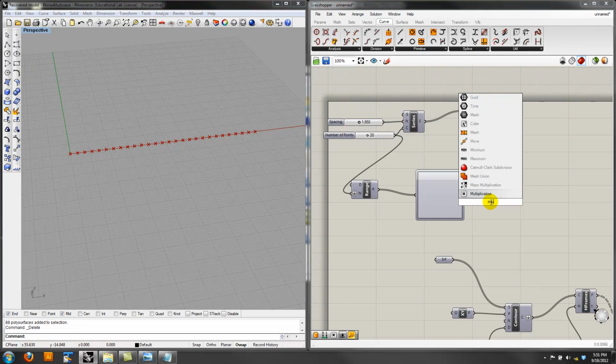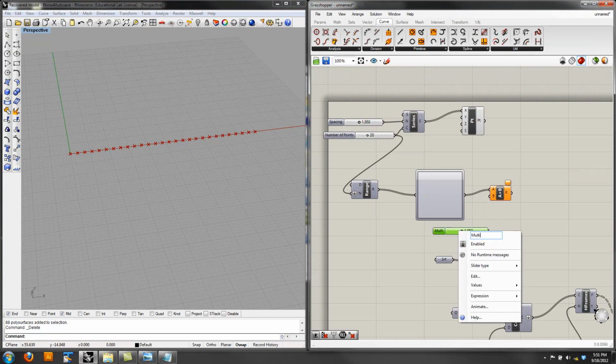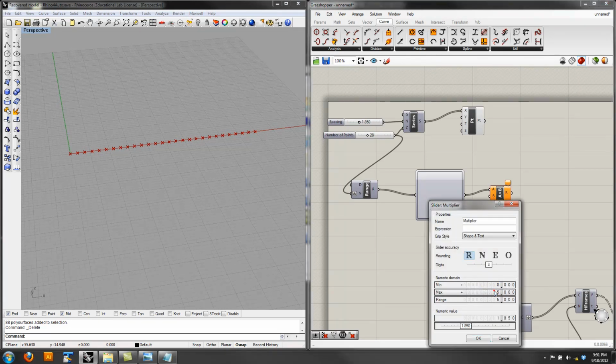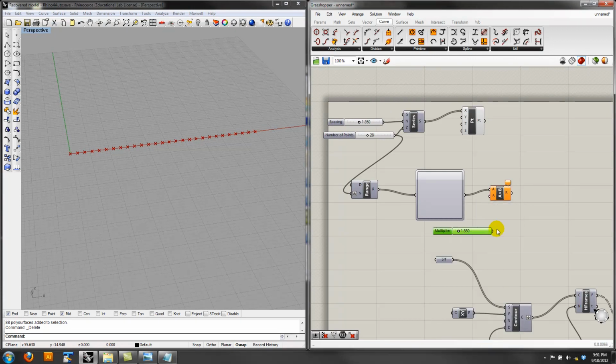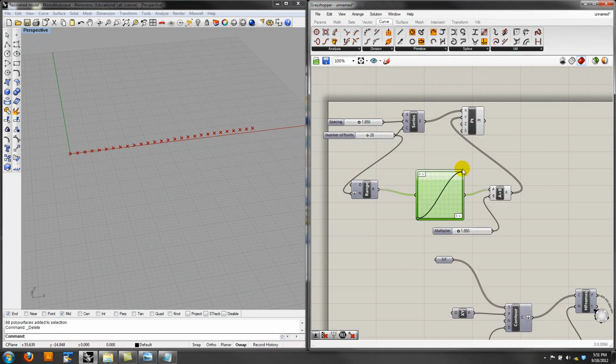Okay. Remember, with our graph mapper pattern, we also need some kind of a multiplier, because the values that come out of it are very low. So I'm just going to say 20. Plug in for y, and I don't have any value in there, so I'm going to do a sine curve.